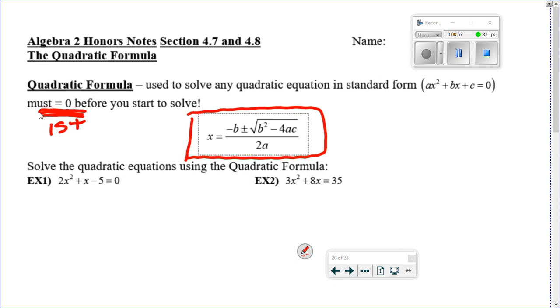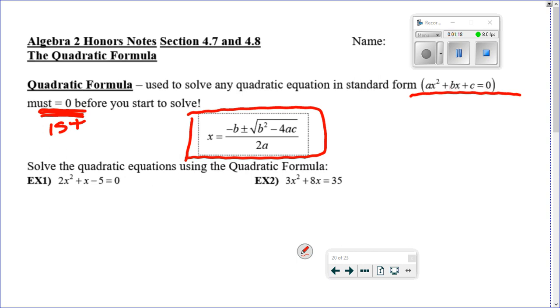B is the coefficient in front of your x, and C is that constant term when it is in standard form. So from here, then you're just plugging in those A, B, and C values into your quadratic formula and solving from there.